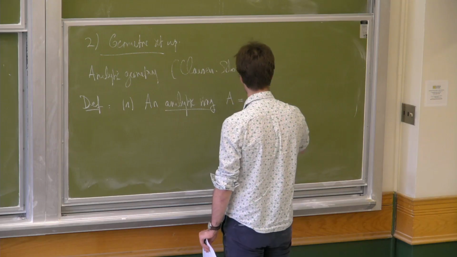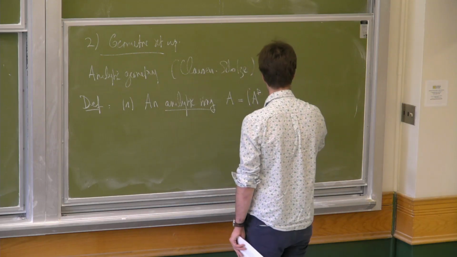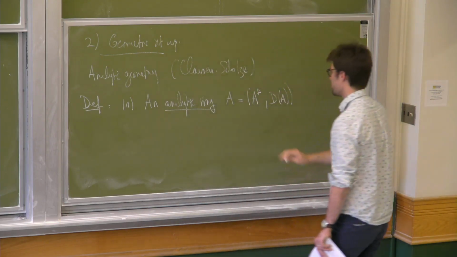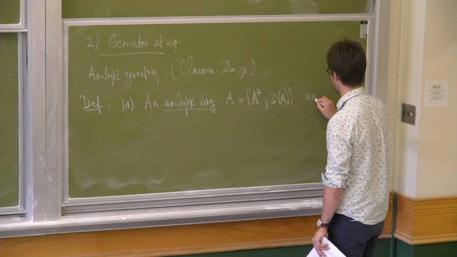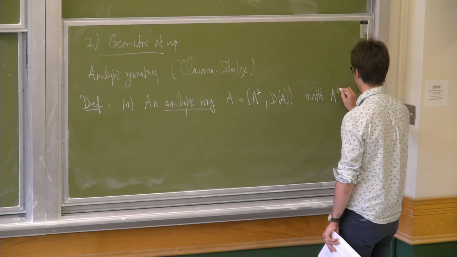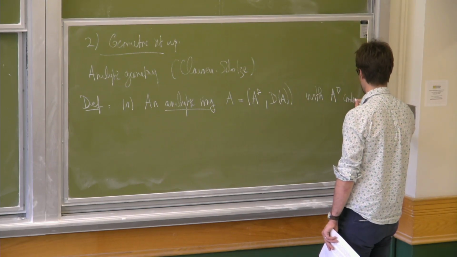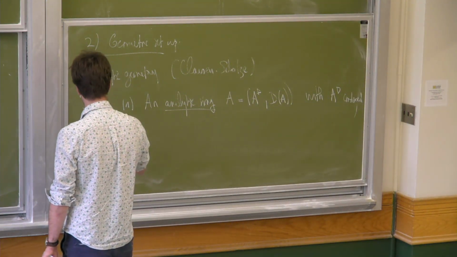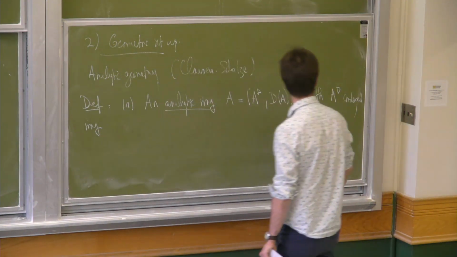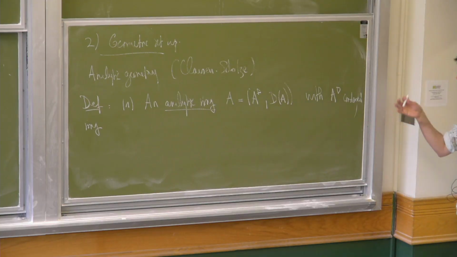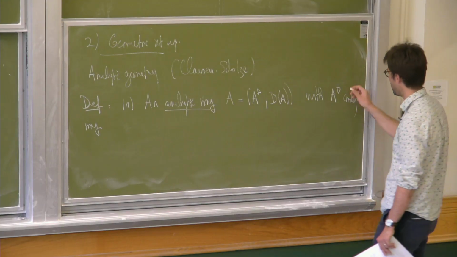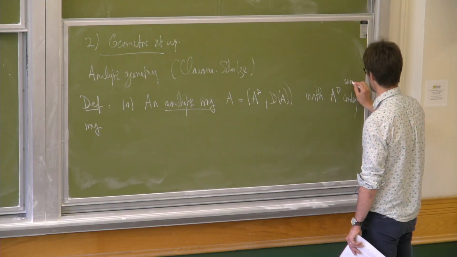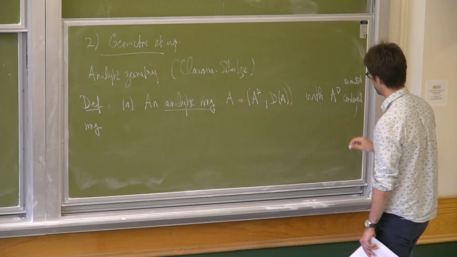It's actually a pair (A, 𝒟(A)), where A is a condensed ring. And everything I'm doing will at some point always be derived, so it's really an animated condensed ring.